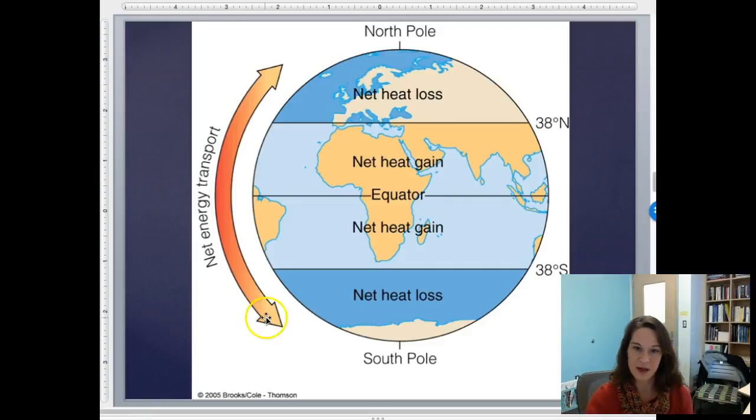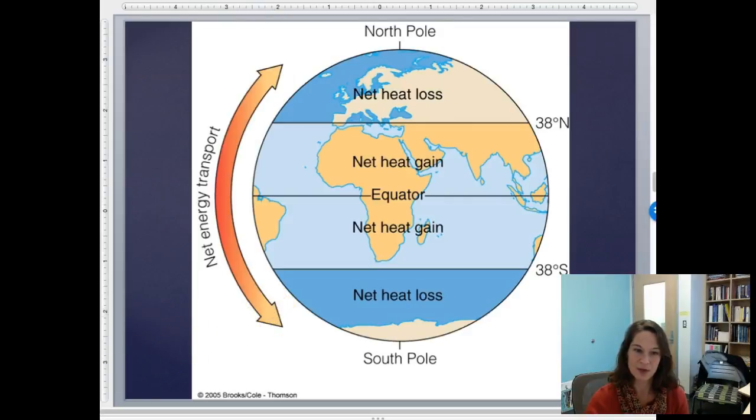This all means that the region right around the tropics, or the equator, has net heat gain over the course of a day or a month or a year, whereas the area by the poles here has net heat loss. So there's more energy coming in here than is outgoing, and there's less energy coming in here than is outgoing. So that means you get this net energy transport from the equator to the poles.